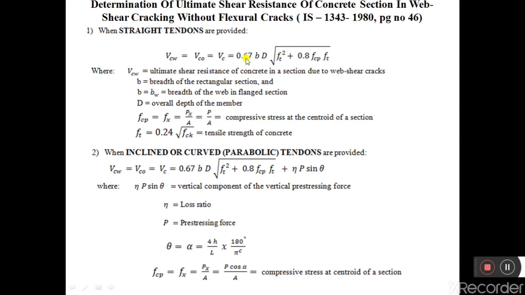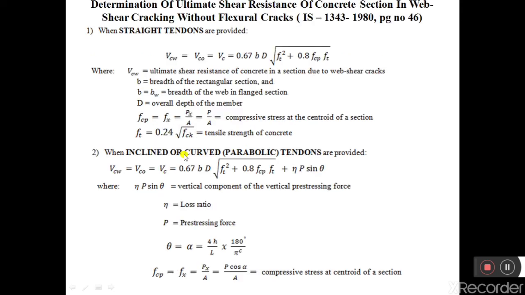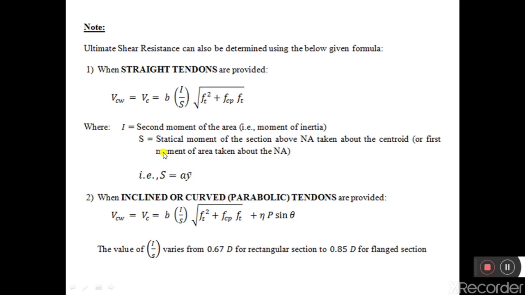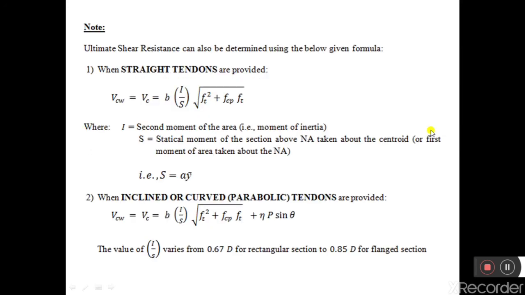Here it is given as 0.67 BD and here it is B into I by S. The value of this I by S varies from 0.67 D to 0.85 D. This is the only difference between this formula and that formula. So it is better if you remember both the formulas, and they are available in page number 46 of IS 1343-1980.